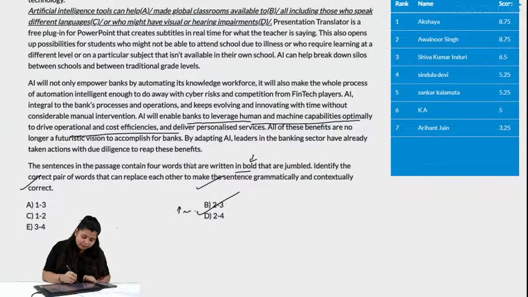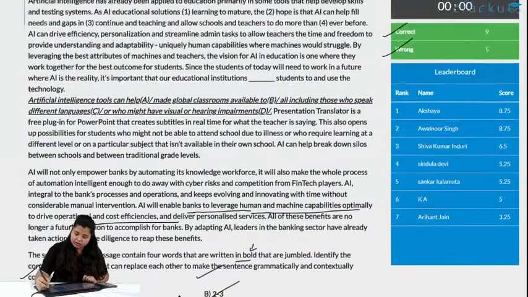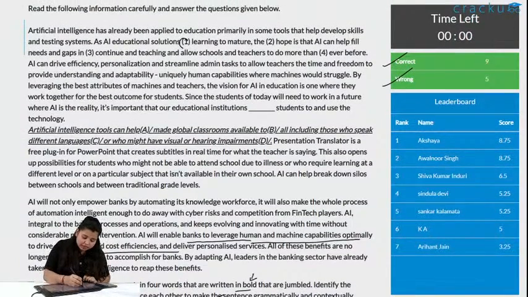In the passage, the sentence with 4 words given in bold is jumbled. So it's talking about this: 1, 2, 3 and 4 are jumbled. We need to interchange the words. The words are learning, hope, continue and ever. So we know as AI educational solution learning to mature, it should be solutions.